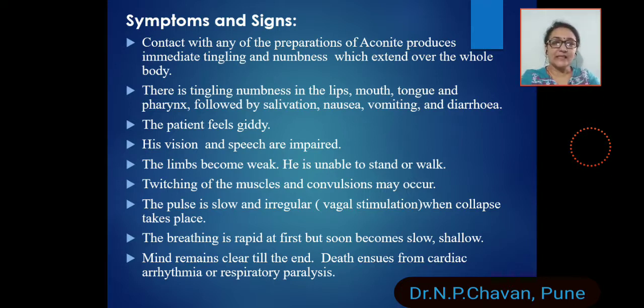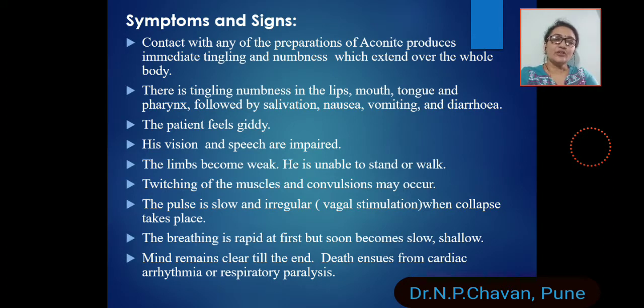The patient feels giddy as it has an action on the CNS. His vision and speech get impaired. The limbs become weak, so he is unable to stand or walk straight, and his walk becomes a staggering gait.